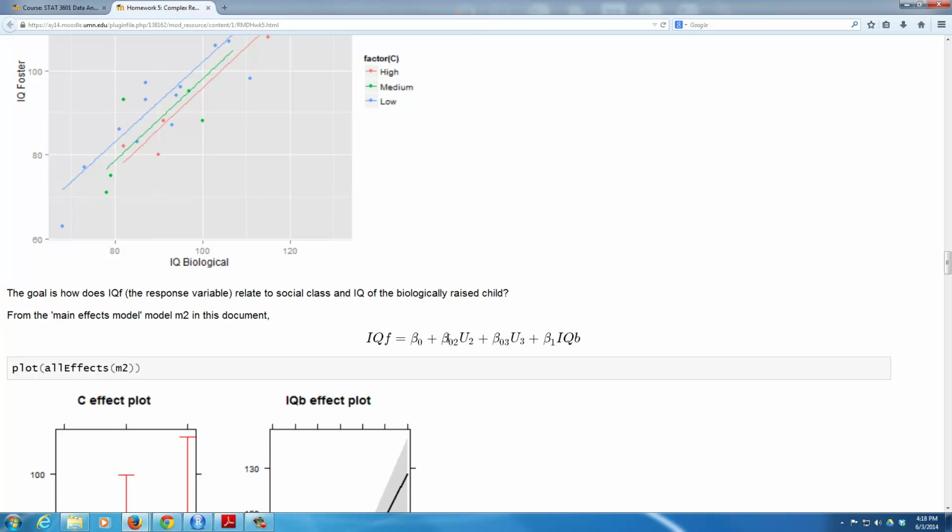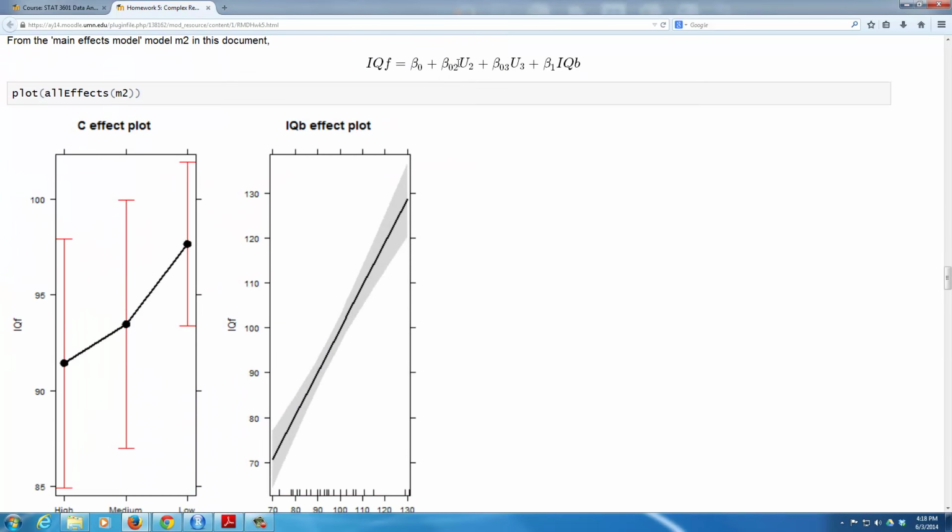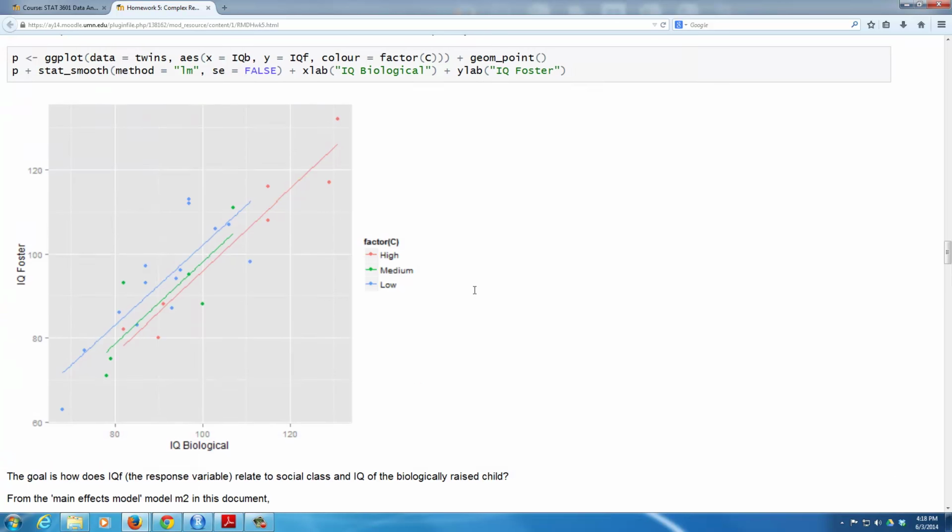You're being asked to interpret the adjustment for medium social class. And so what you should remember from the notes in this model is that this is the intercept adjustment going from high social class to medium social class. Basically the transition of going from red to green.